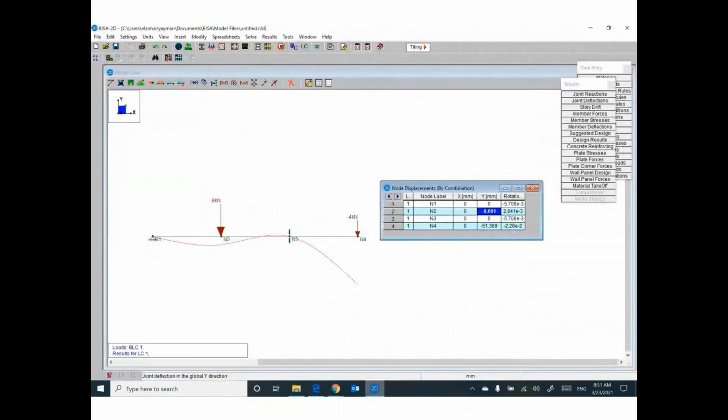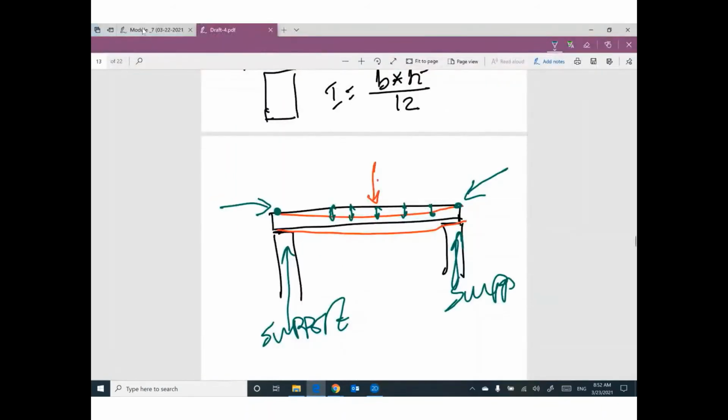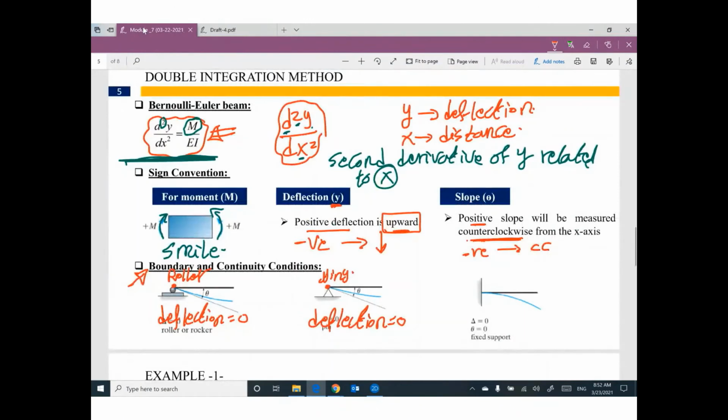If you go back here, node number 1 is a support, so y equals 0. Node number 3 is a support, so deflection, or y, equals 0. No movement. That makes sense. If you have a support, hinge or roller, we don't have deflection. But fixed is special.